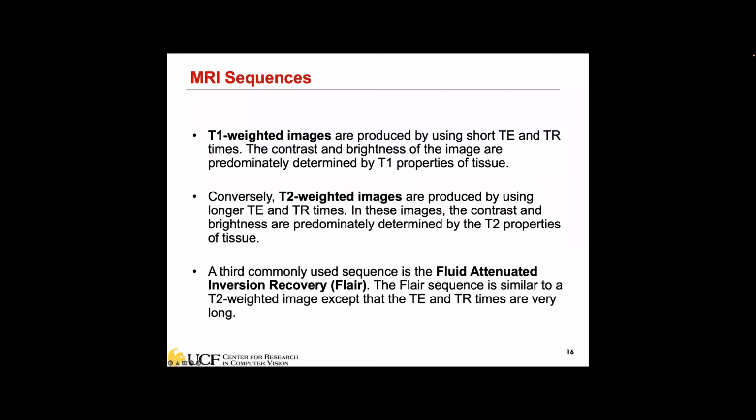So T1 is short, but here we are using longer TE and TR times. In these images, the contrast and brightness are predominantly determined by the T2 property of the tissues. You will see later, I'll show a couple of examples. Different tissues will show different contrast and brightness on these T1 weighted or T2 weighted images, okay?